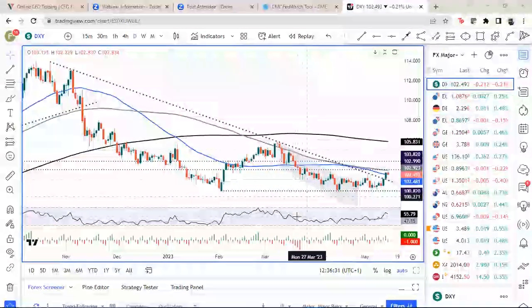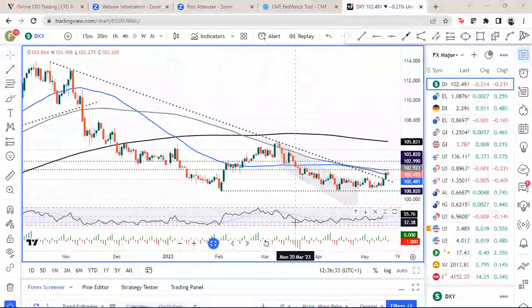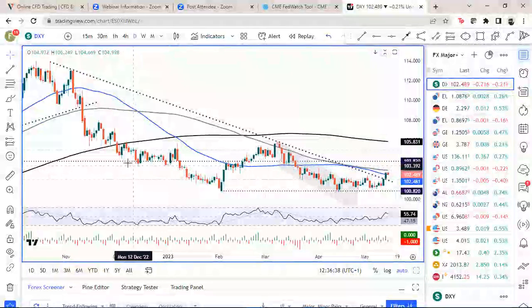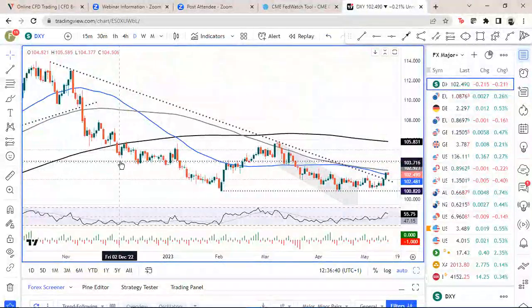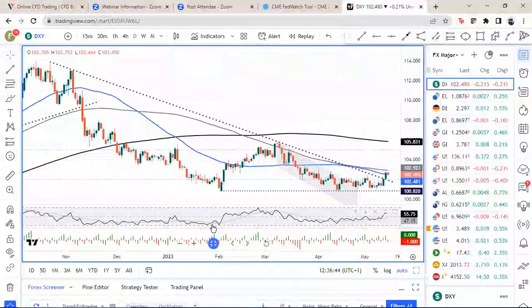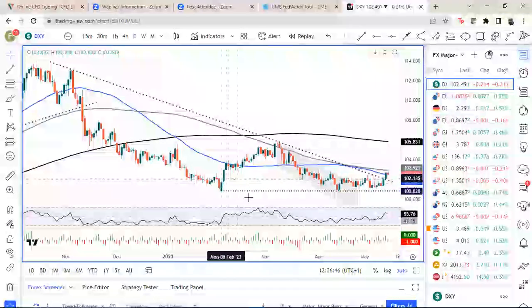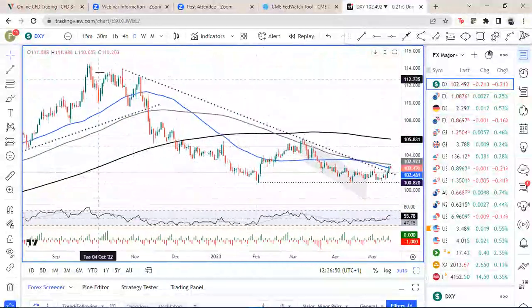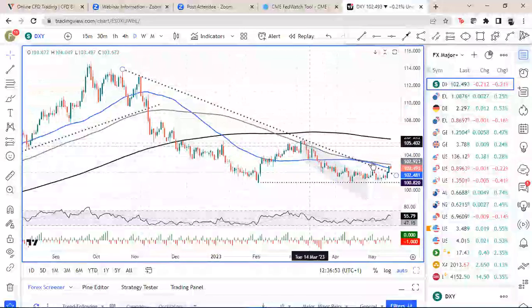This is a DXY chart. There's lots of dotted lines, which makes it slightly confusing. Apologies for that. If we just get rid of some long-term levels that I have had in there from the post-pandemic highs, 2018 lows, just taking those away, you can see long-term downtrend for sure. Potentially we've broken that trend line resistance.